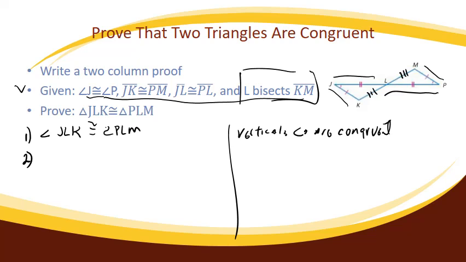So we can then say segment LK is congruent to segment LM by virtue of the definition of a segment bisector. Bisector, I can't spell.